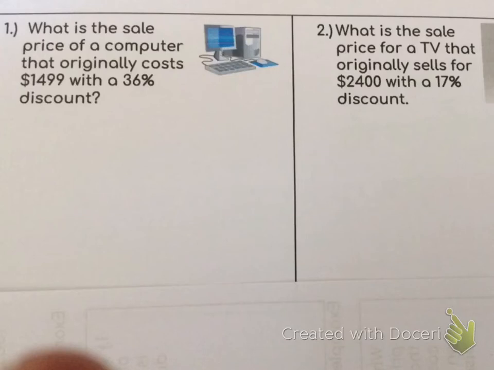You're actually paying for 64% of the item. If you do 100% minus 36%, that's where I got the 64%.